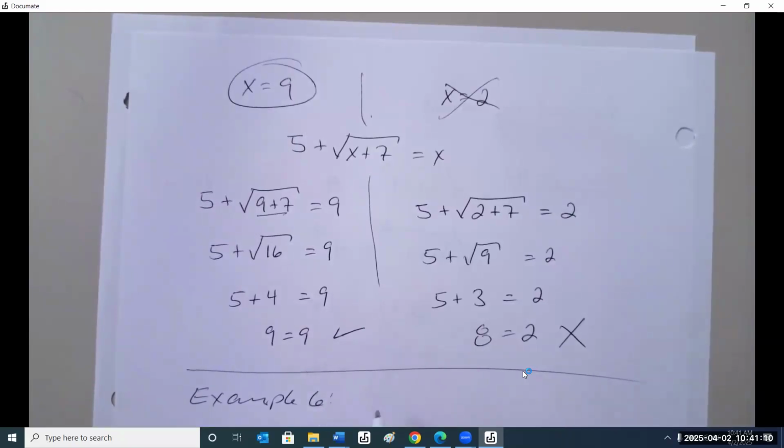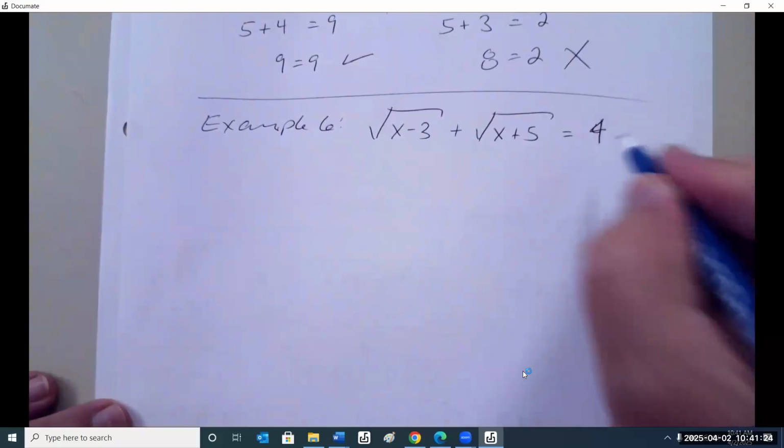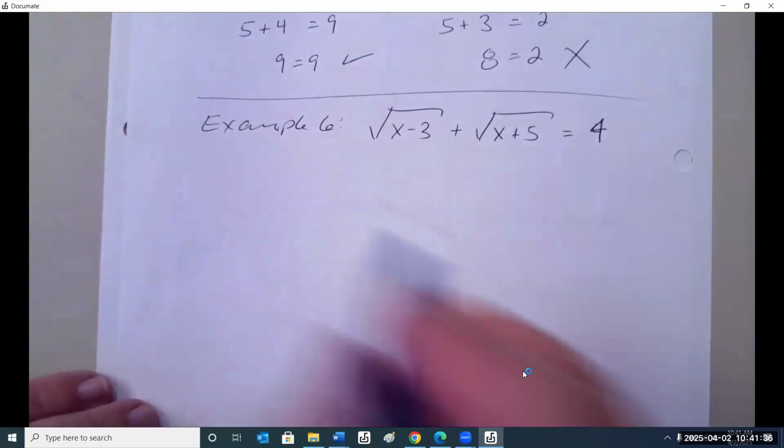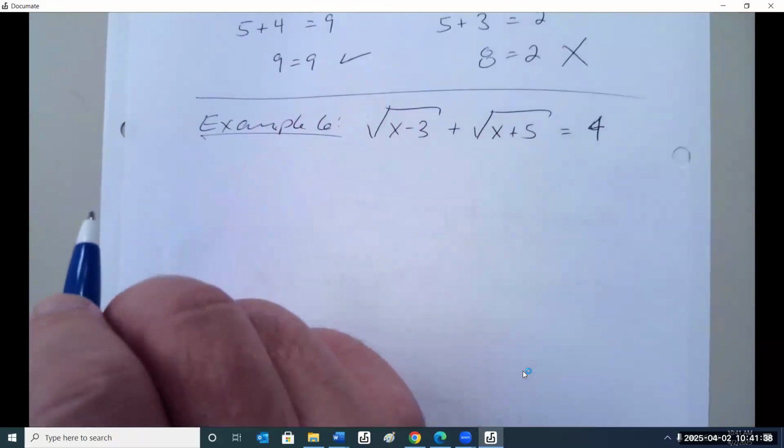Example 6. Now it gets ugly. What if you have multiple radicals? Combine? Nope.